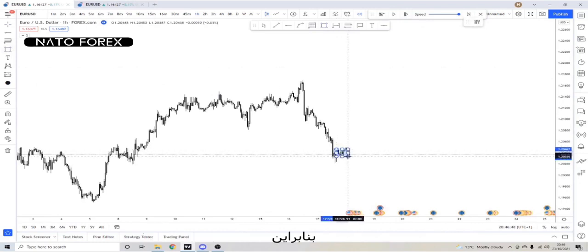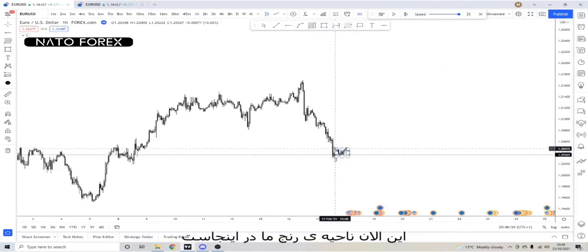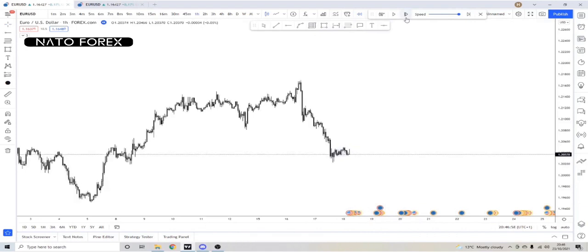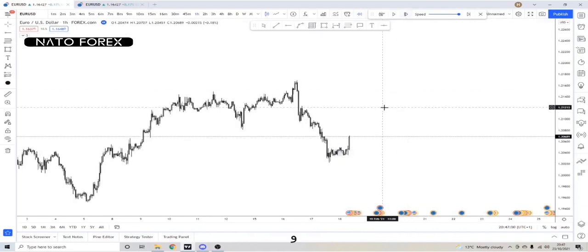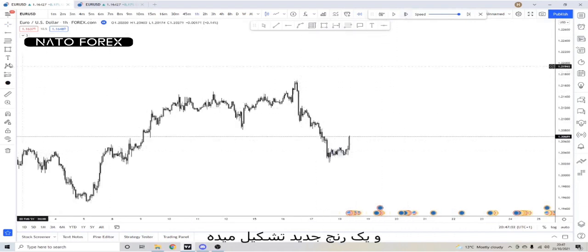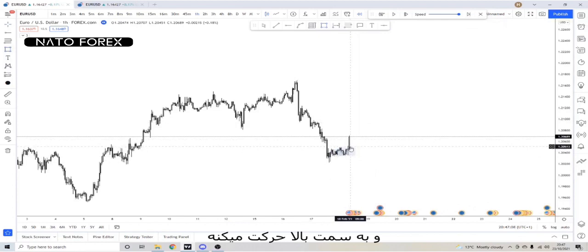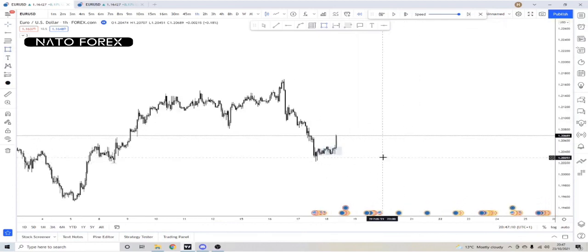So this is our range here. Price initiates out of the range, comes back into the range, and creates this new range here where price has now taken the high of that and initiated higher. Cool.